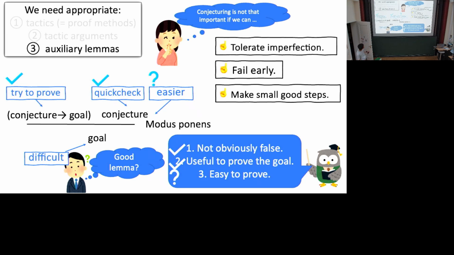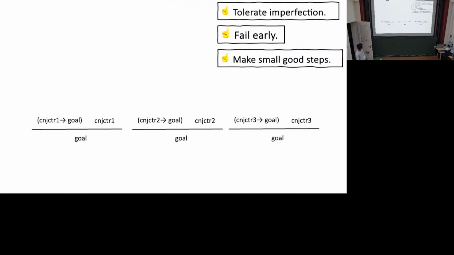So my idea is that we can come up with lots of conjectures. Many of them are bad conjectures, but we want to filter out bad ones so that we can focus on good ones. Now I came up with 3 conjectures. Maybe for conjecture 1, we can't prove the goal assuming conjecture 1 easily.